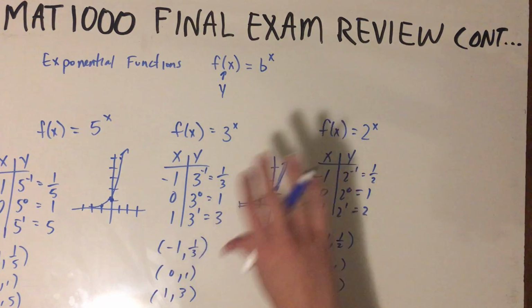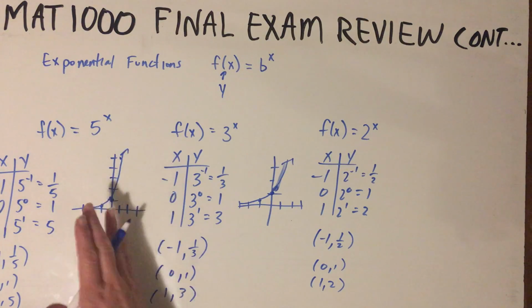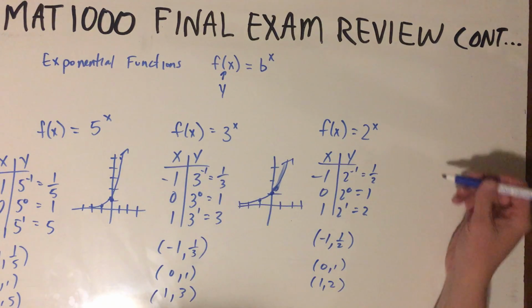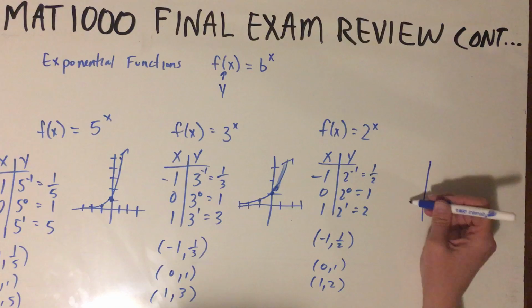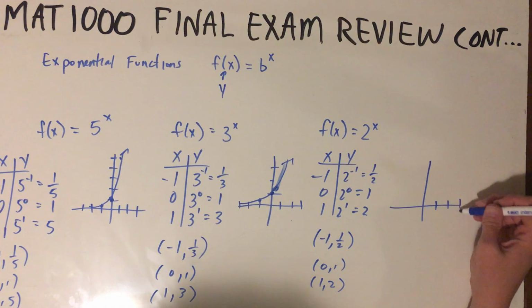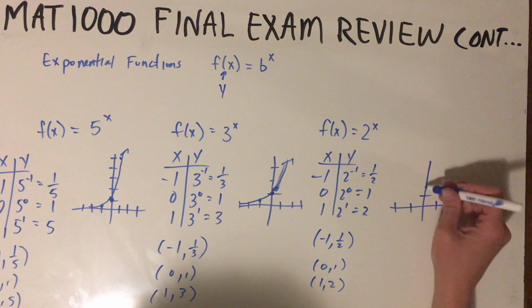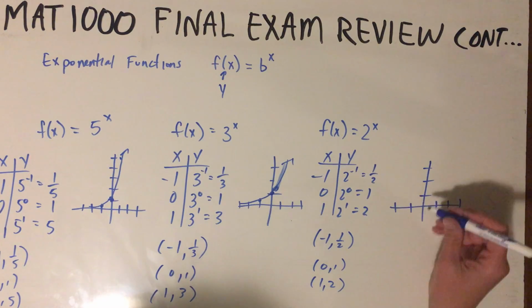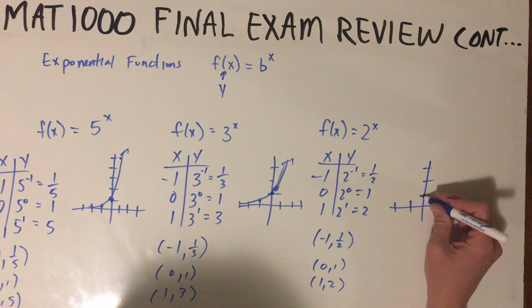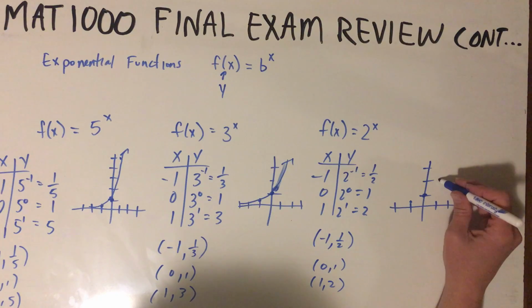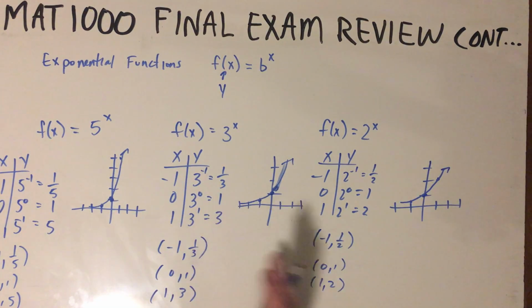So this looks the same. You can tell that the base is bigger, it's steeper. And if the base is smaller, then I've got the point -1, 1/2, the point 0, 1, and the point 1, 2. So you can see that this is less steep. The smaller the base, the less steep it is.